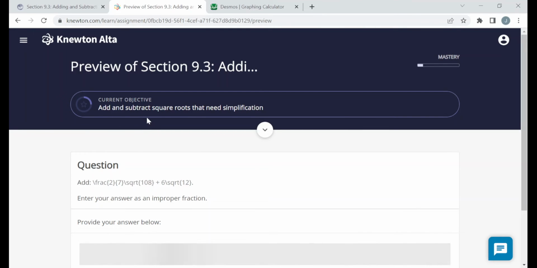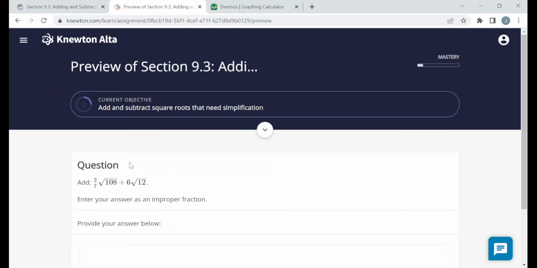Alright, so here's another one from that objective where the way it starts, the square roots are not like, but then after I simplify the square roots, they will be like, and then I can add or subtract. Then I can combine them.